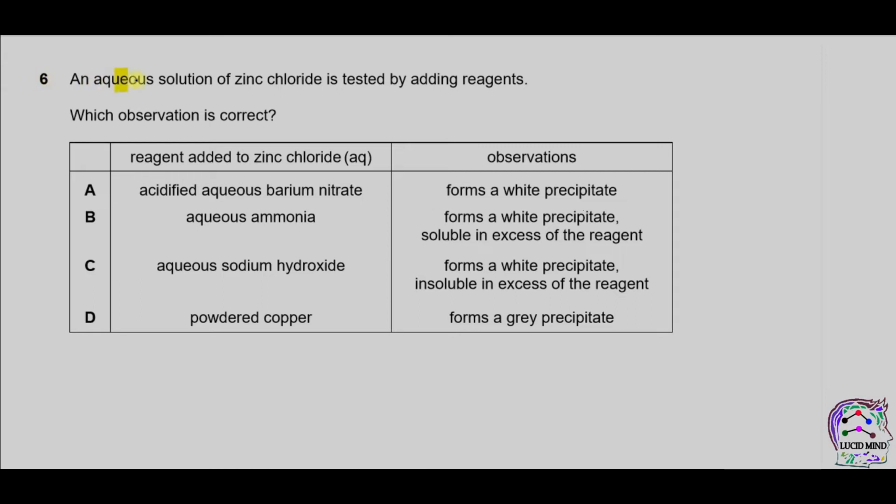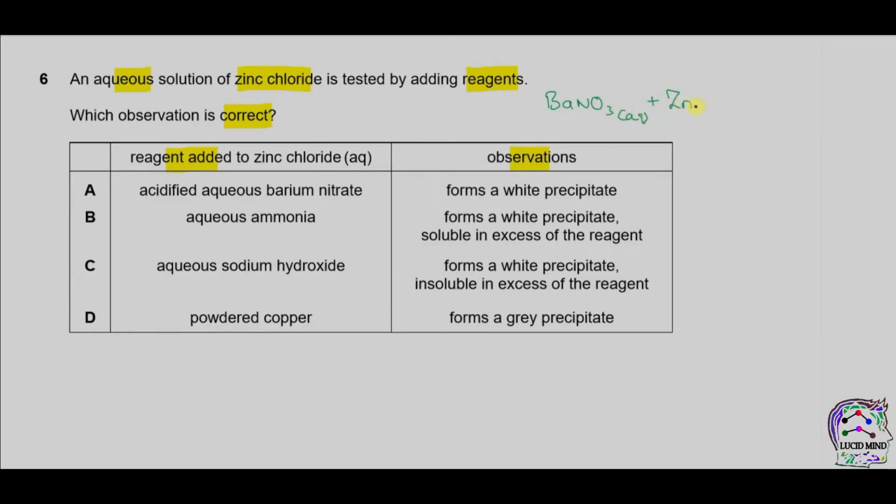Question 6. An aqueous solution of zinc chloride is tested by adding reagents. Which observation is correct? First is the reagent added to zinc chloride and second is the observation. Part A. Acidified aqueous barium nitrate and forms a white precipitate. Let's add barium nitrate to zinc chloride. We have barium nitrate which is soluble, so it is aqueous.